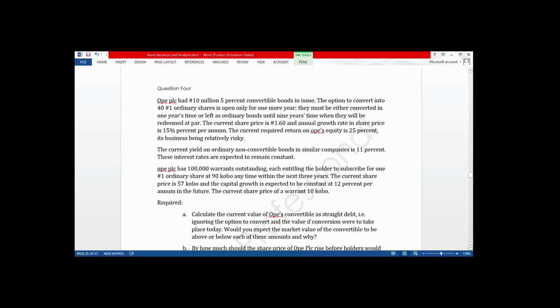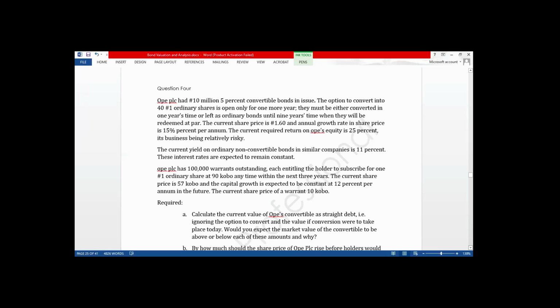The current yield on ordinary non-convertible bonds in similar companies is 11%. These interest rates are expected to remain constant.